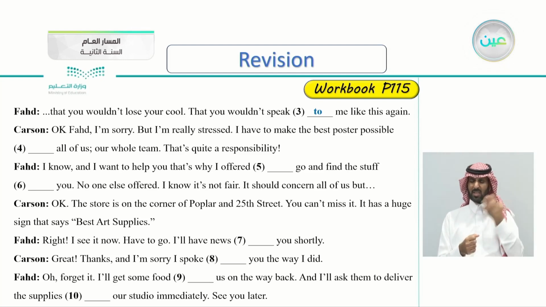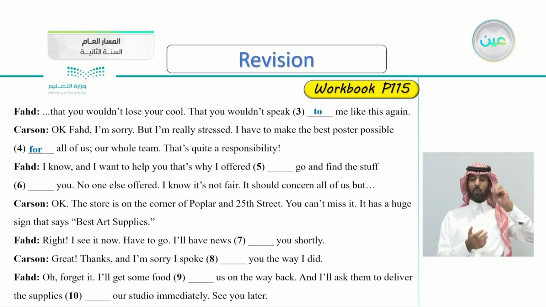I have to make the best poster possible for all of us. Yes, for all of us. Our whole team. That's quite a responsibility. Fahad: I know, and I want to help you. That's why I offered to go and find the stuff for you. So here we have two gaps again.